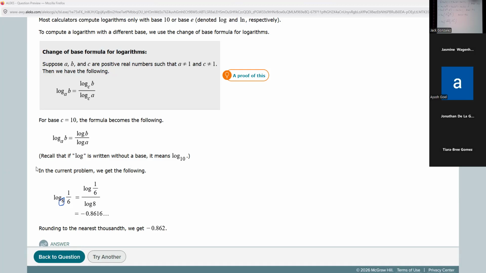So if you need to actually find the number, the approximation, the decimal, you got to use this. The base is whatever you want it to be when you use this formula.